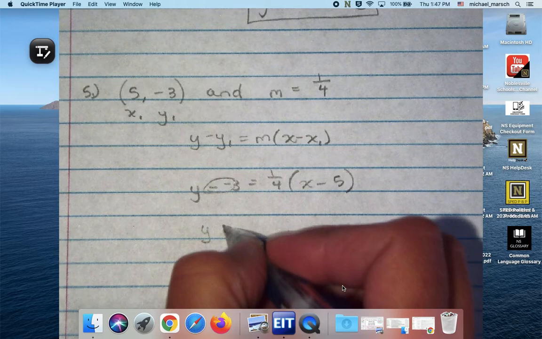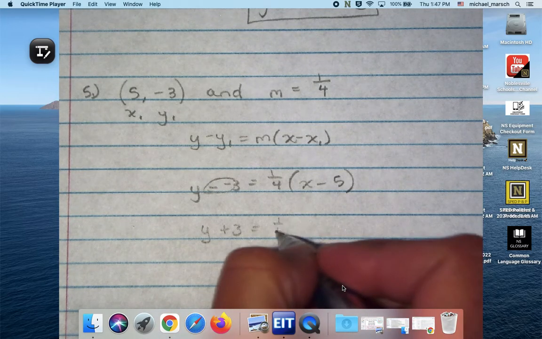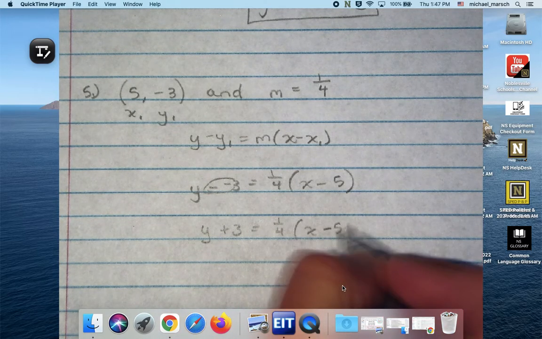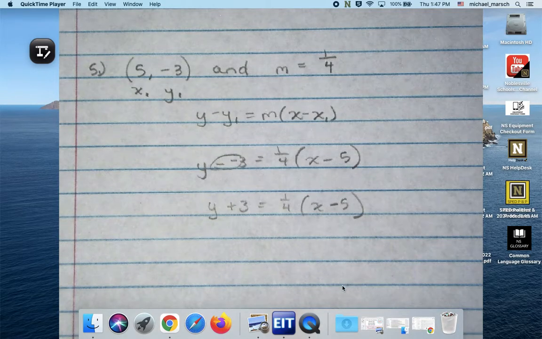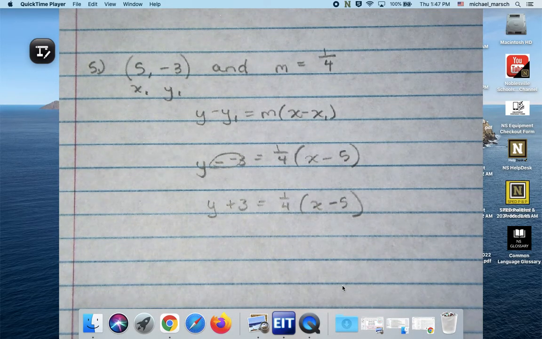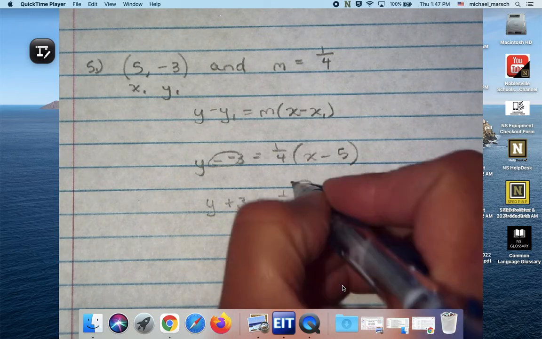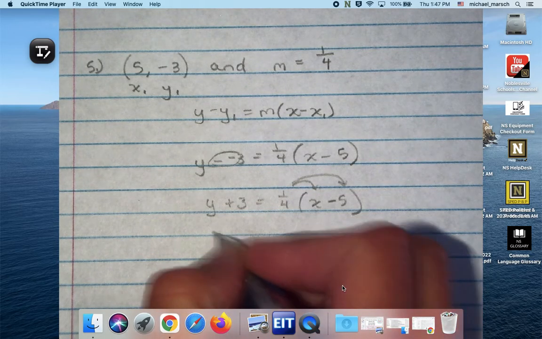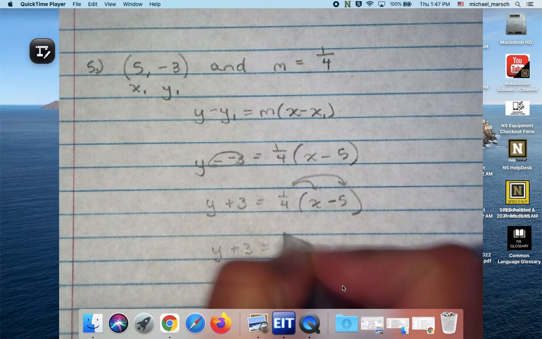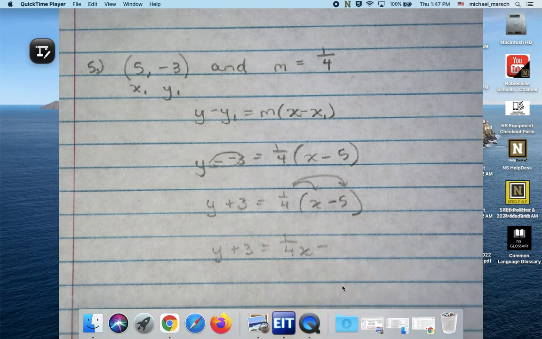So now I've got y plus 3 equals 1/4 times the quantity x minus 5. I'm going to distribute the 1/4. So I'll have y plus 3 equals 1/4 x minus 1/4 times 5.